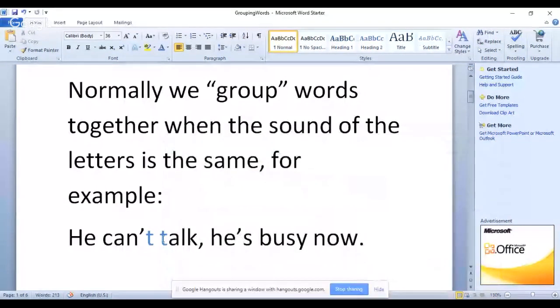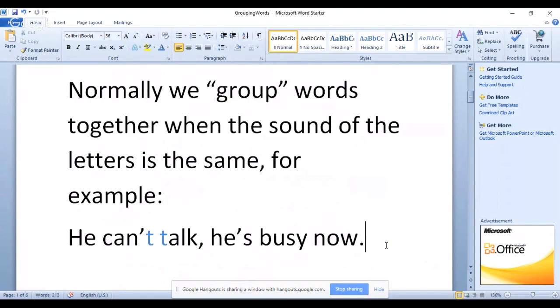Where I have the blue T's, these two T's is what we normally would say. Do you want to try again? He can't talk, he's busy now. Good. That sounds more natural. He can't talk. He's busy now. Okay, so we're not saying this T, but we're linking the T in can't to the T in talk. There's a couple different ways in which we do this, and this is the most basic in my mind.